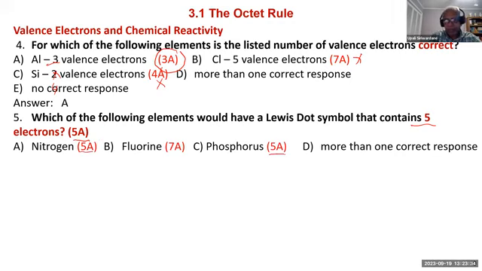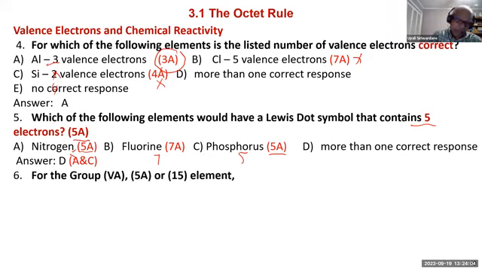Phosphorus is also in the same group below nitrogen. Therefore, these two have 5 electrons. This has 7 electrons. Therefore, answer should be both A and D. That's how you get the valence electron numbers.